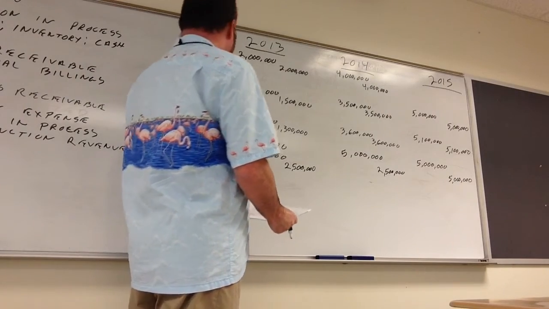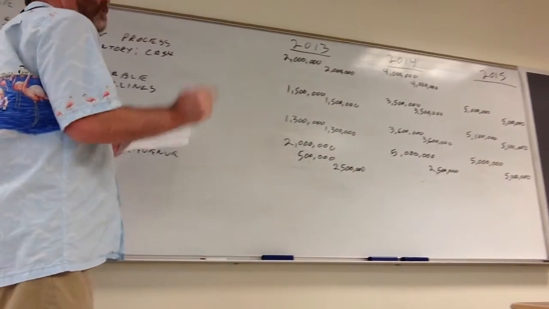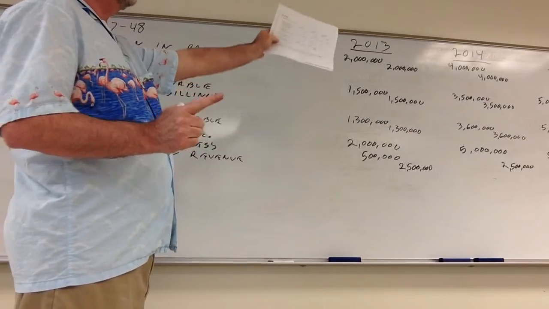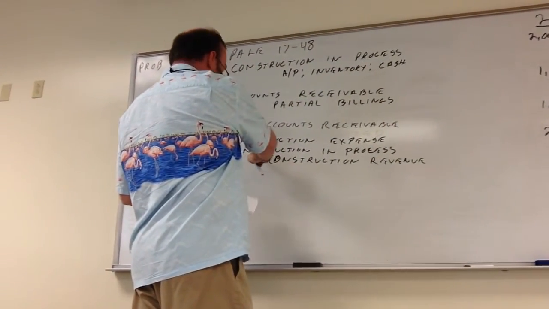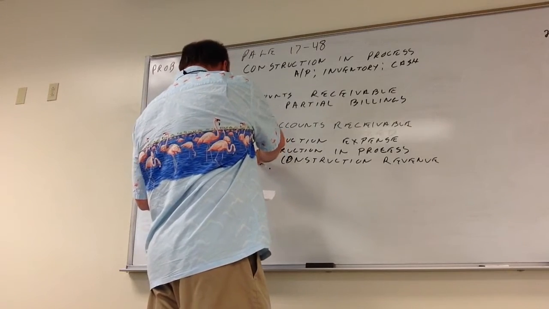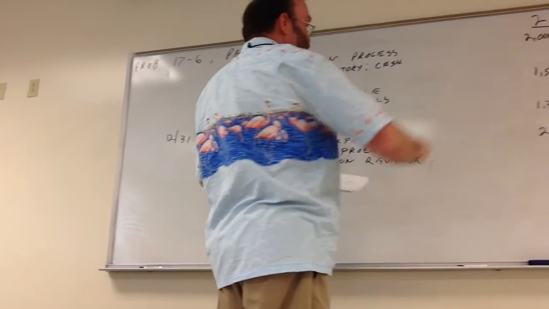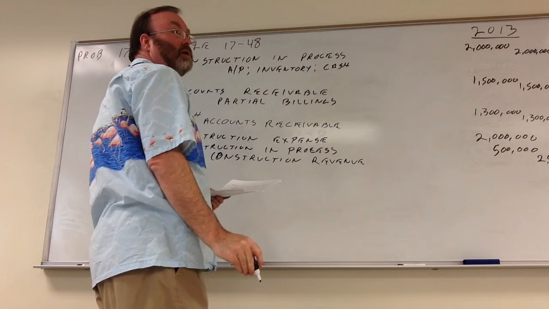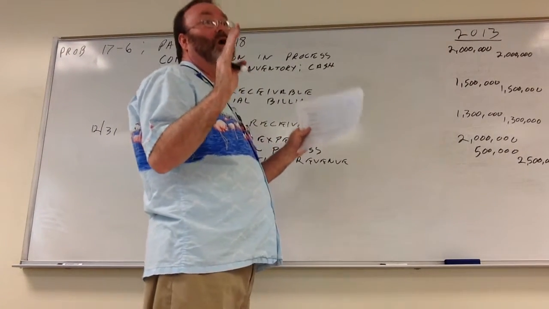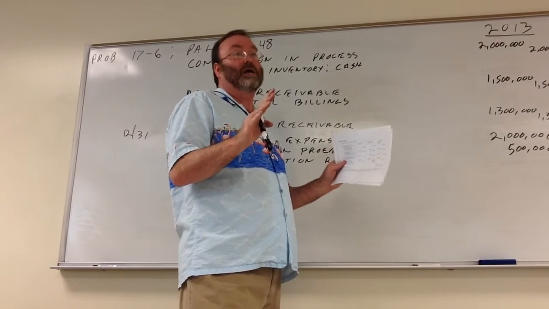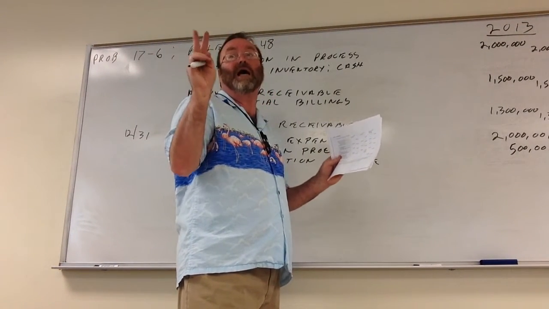Yep. Okay, now, the problem is, in that 2014, this construction in process needs to go to a credit balance. All right? Because we now know that we're going to lose money on it. We're going to lose $2,000,000.